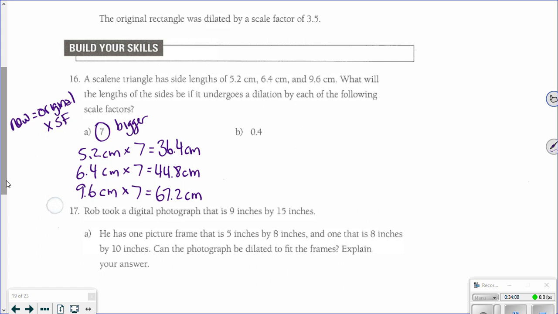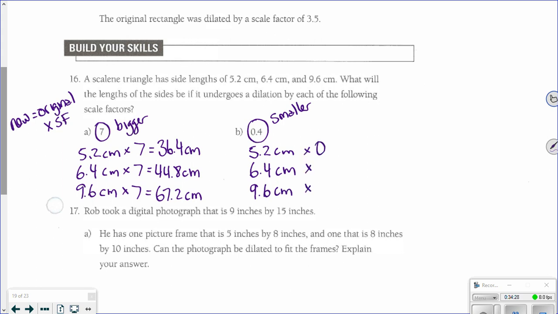For part B, my scale factor is less than 1, which means it should get smaller. Same thing though, I take my original sides and times them by my scale factor.